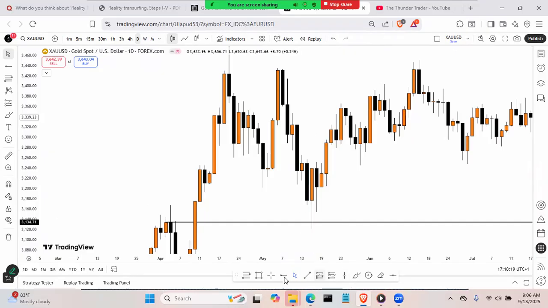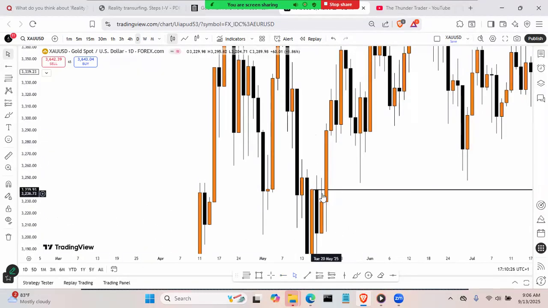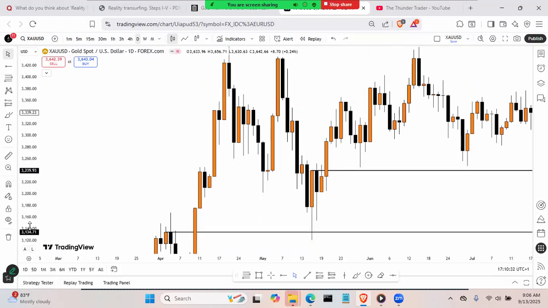And the price broke above it here. So some call that candle break. But for me, a break of structure would have been at this left side here.